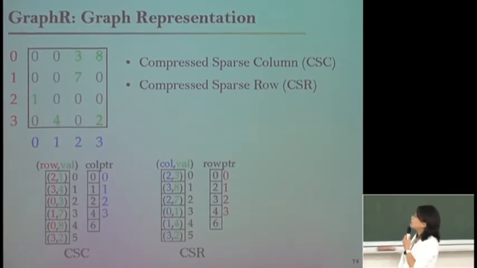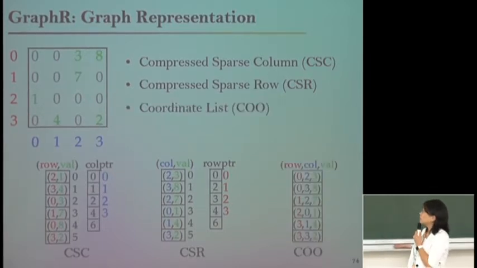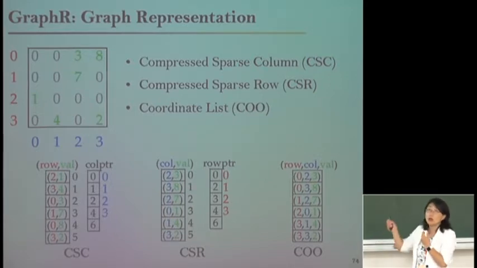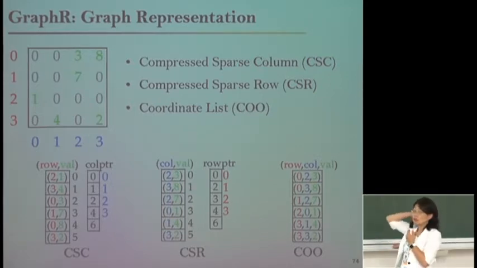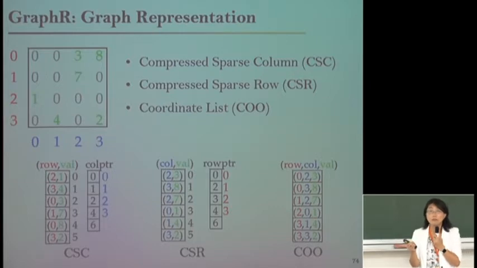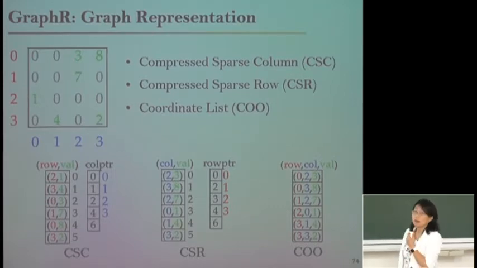Similarly, compressed sparse row, CSR, takes similar concepts, but it's organized by rows. Or the coordinate list uses a larger table with more entries to store the rows, columns, and values of only the non-zero entries. Such representations save storage space, but make computation and searching a lot more complex.